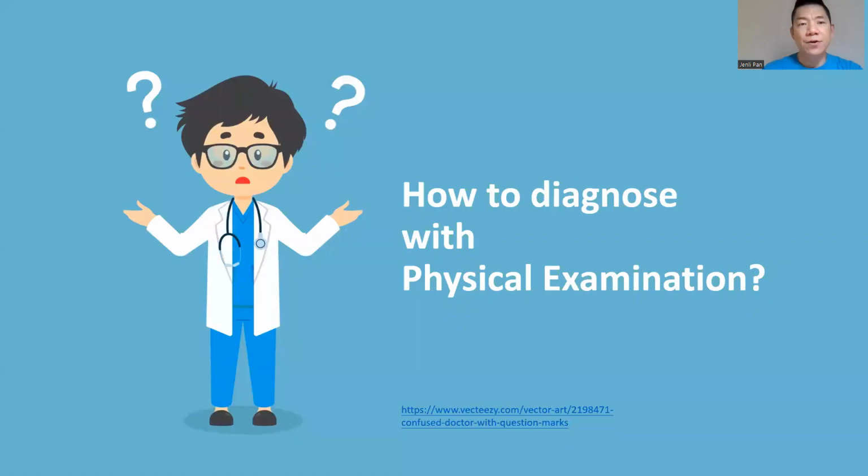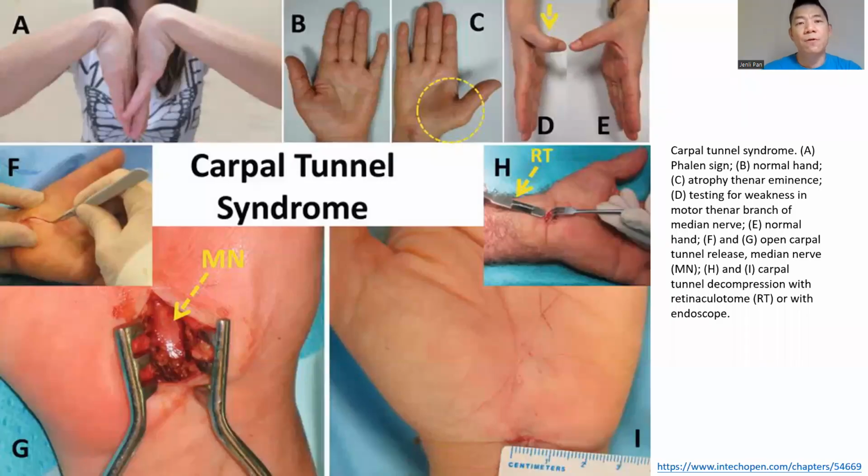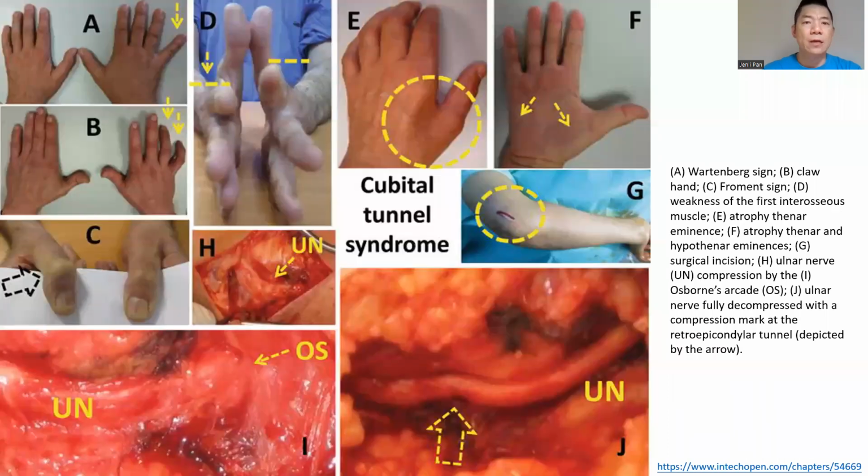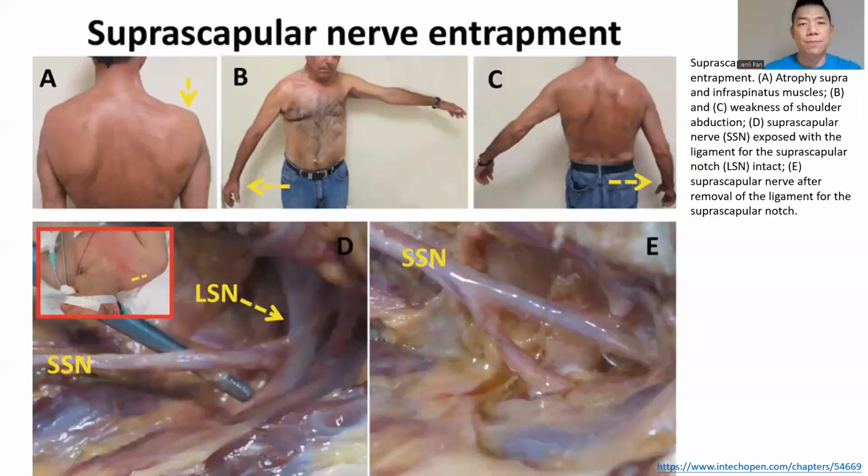However, is there any other way that we can use, especially clinically, to diagnose or to suspect that there is a nerve entrapment, especially by physical examination? Well, for carpal tunnel syndrome, for example, there are signs to diagnose that, but they are not very good in specificity and sensitivity. And also in cubital tunnel syndrome as well.